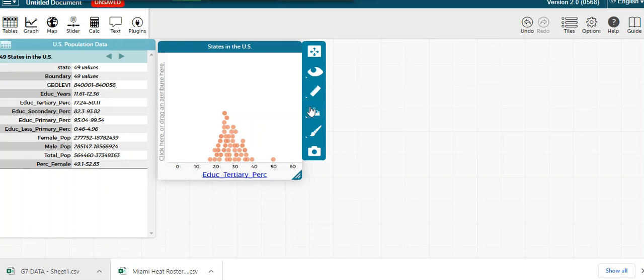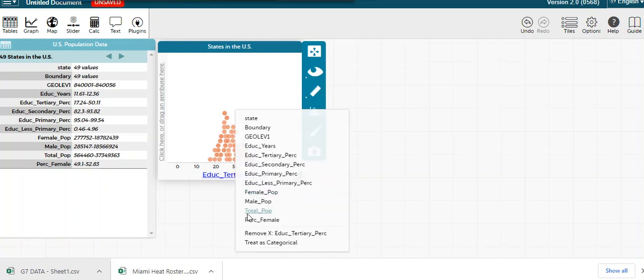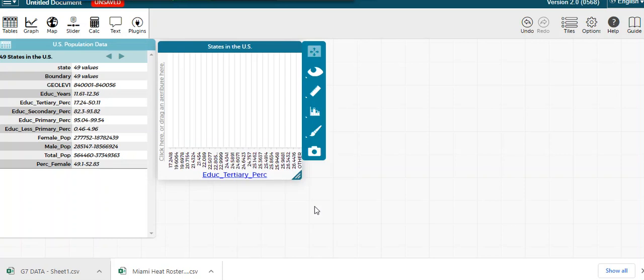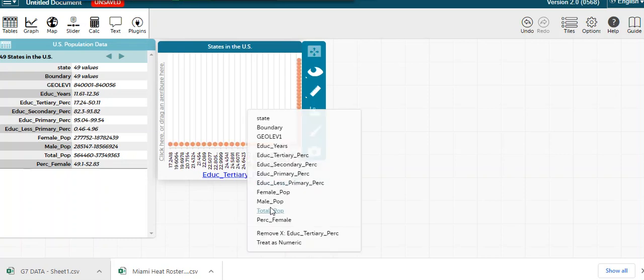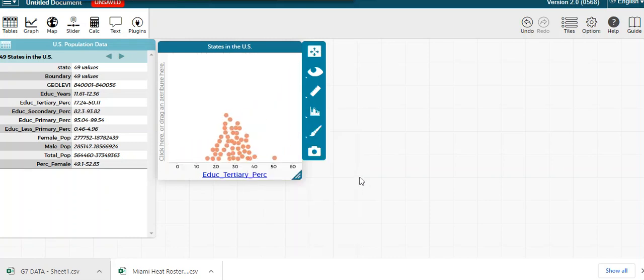Now, we cannot make them into bars unless we want to treat them as categorical. Let's see what happens. Yeah, we're going to wind up with more categories than we know what to do with, so we're going to leave it as numeric.